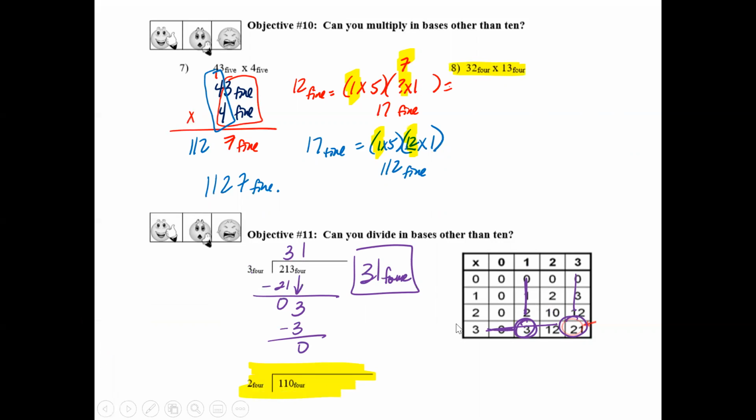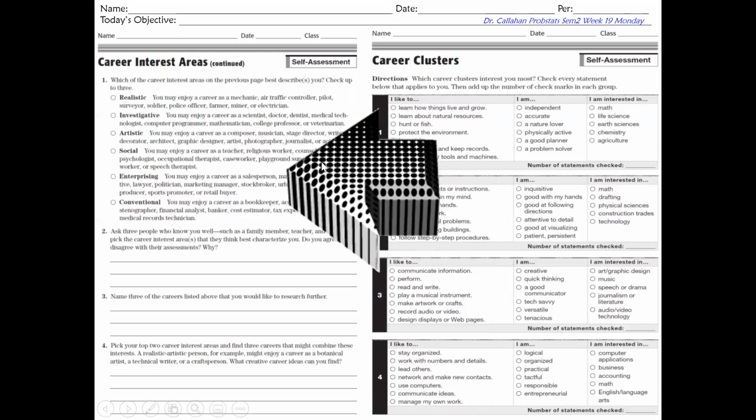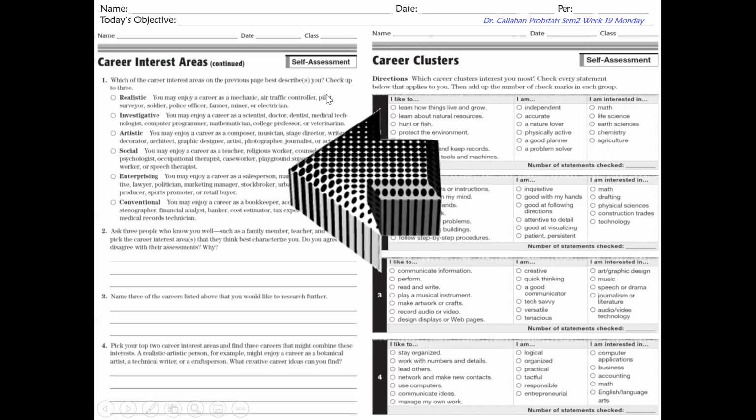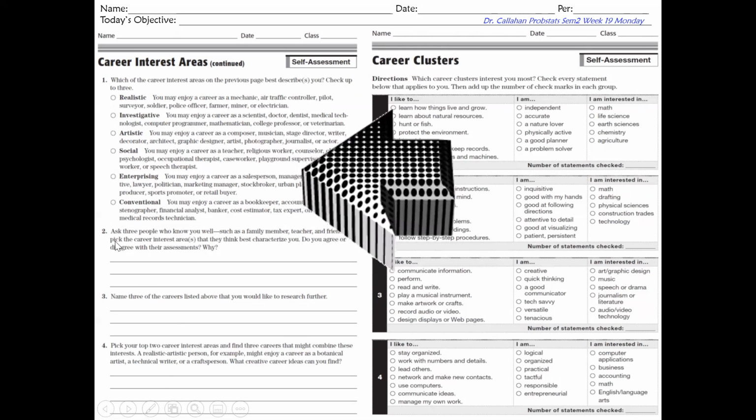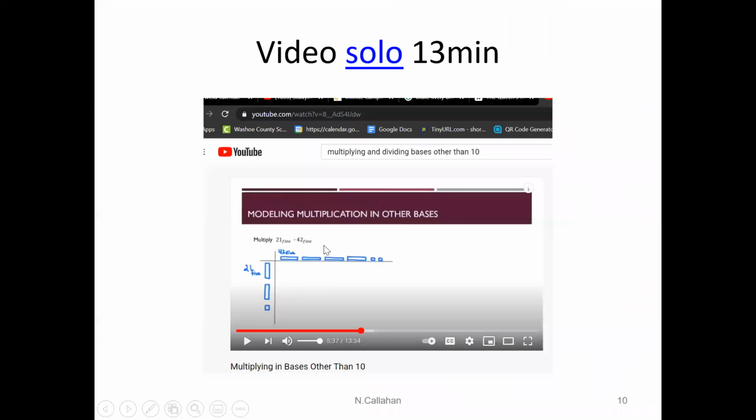All right, so then next what I'm gonna have you guys do is take a career interest survey. So go ahead and take a look at this, read it, and then fill out questions number 1, 2, 3, and 4.